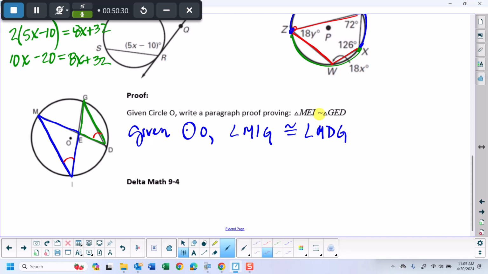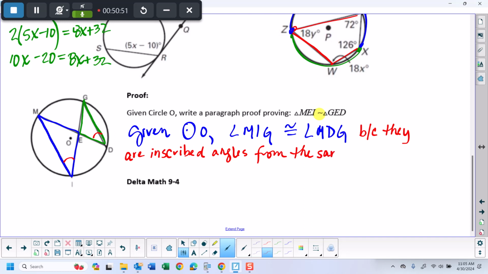How come? Isn't it both like in the same arc? Inscribed arc? Because they are inscribed angles from the same intercepted arc.